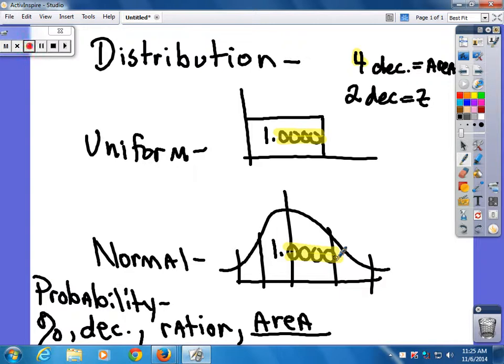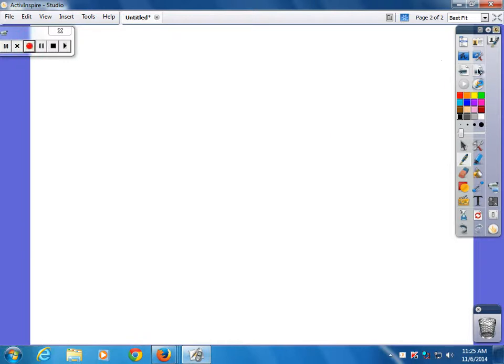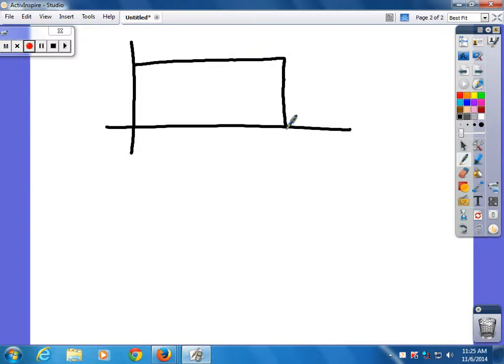Now, let's do a uniform distribution problem, because there'll be a couple of those on the test. Let's say that a college professor usually finishes his or her class between 50 and 60 minutes.